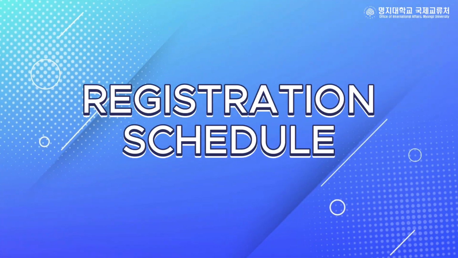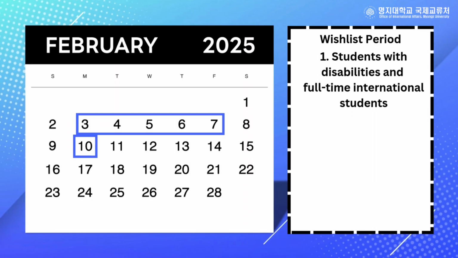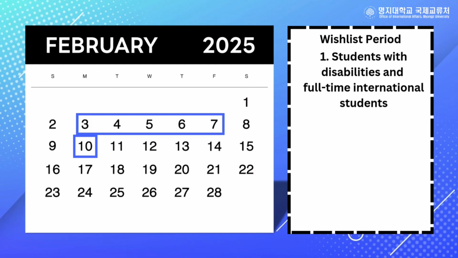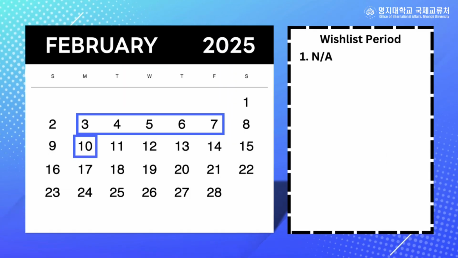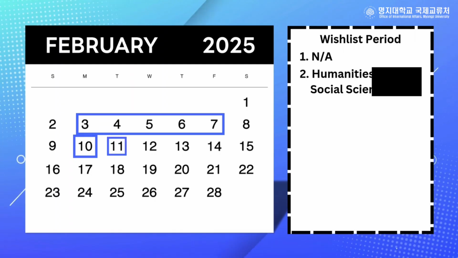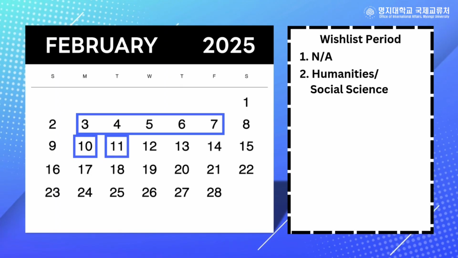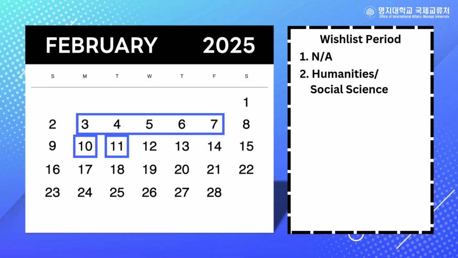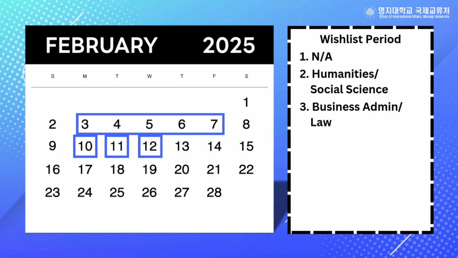Now let's break down the main registration days. On the first day, registration opens for students with disabilities and full-time international students, which do not include exchange and visiting students. On the second day, it's the turn of students in humanities and social sciences. The third day is for business administration and law students.